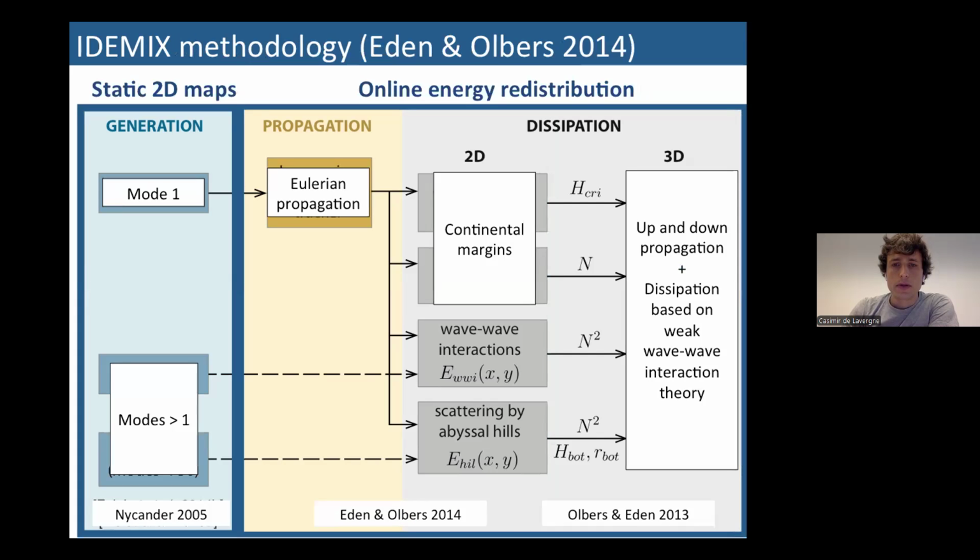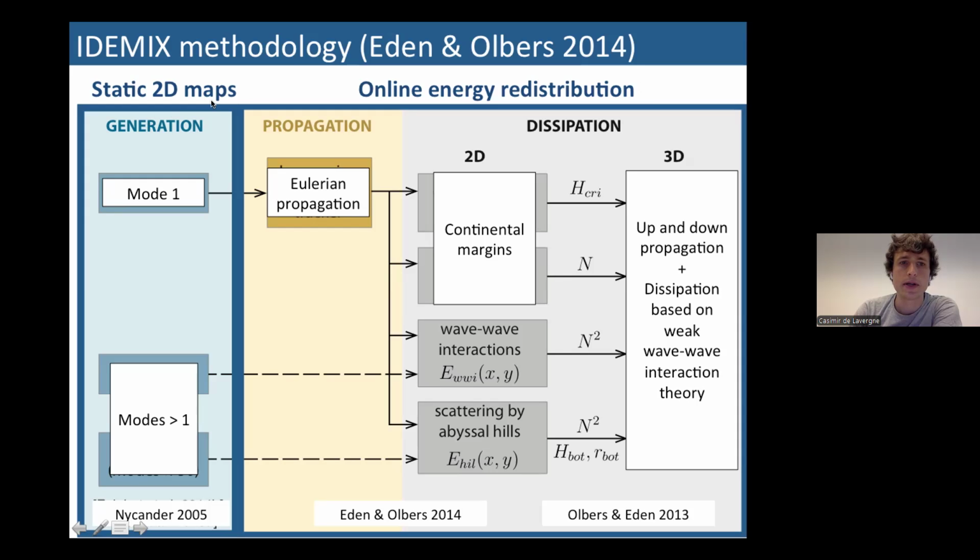Now, as I said, this work was really inspired by EDMX. So here I tried to give you a very quick comparison of the differences with the EDMX approach. On the same diagram, essentially I tried to show what Eden and Olbers proposed in 2014.